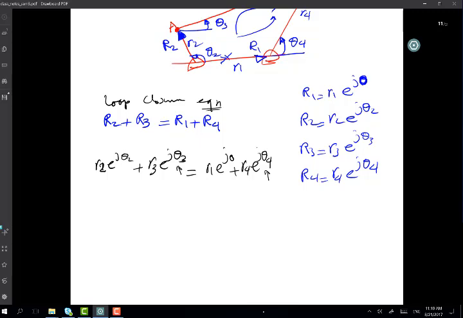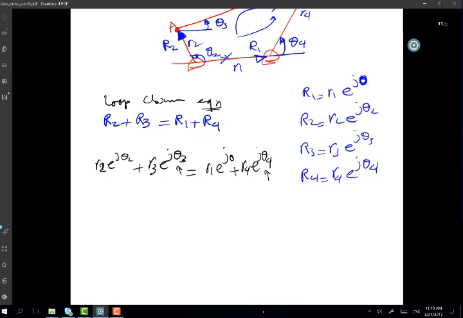So assume at this point that we have expressions for theta 3 and theta 4 as functions of theta 2, and then we'll move on to do our velocity analysis. I'm not going to repeat that again. We'll use those values, theta 3 and theta 4, in the velocity equations, and we can work out the values of these angles.